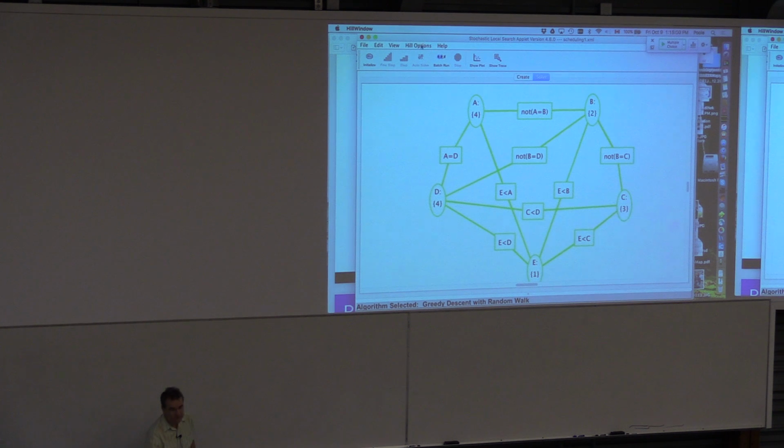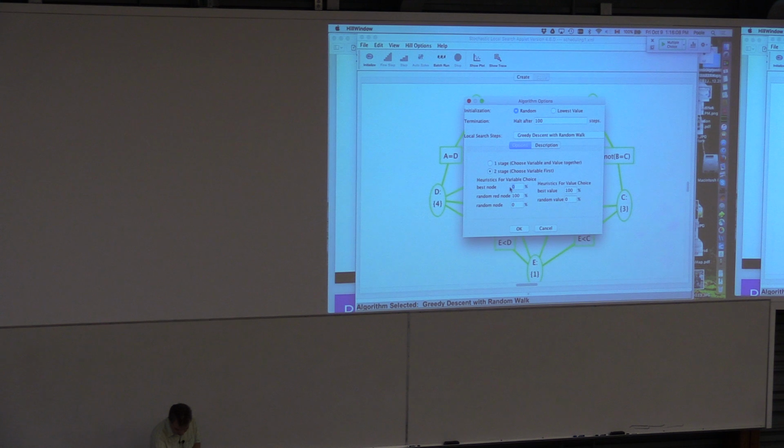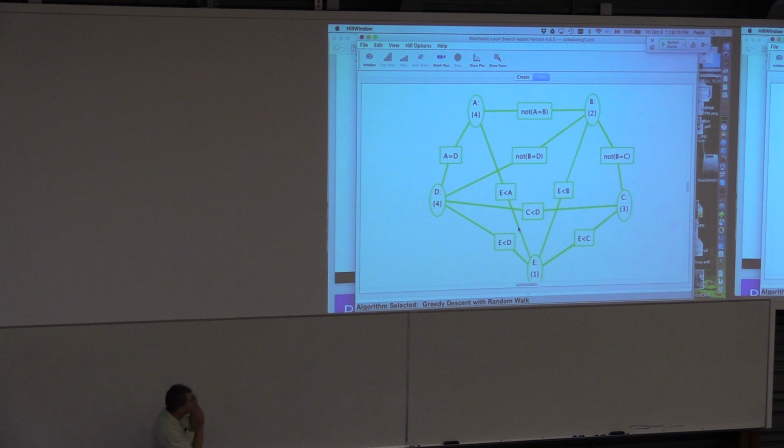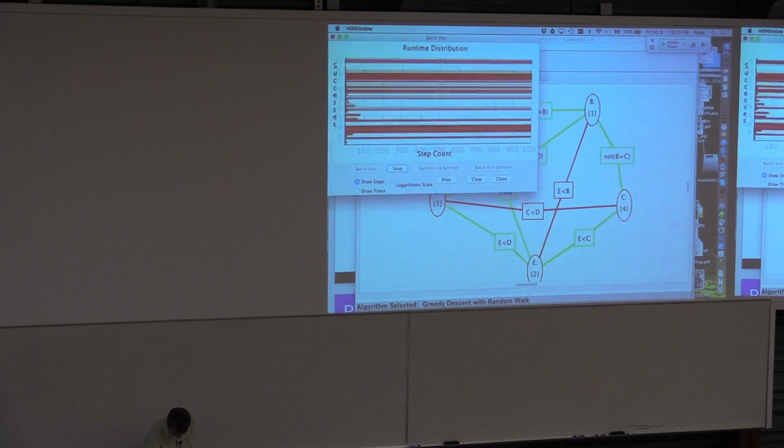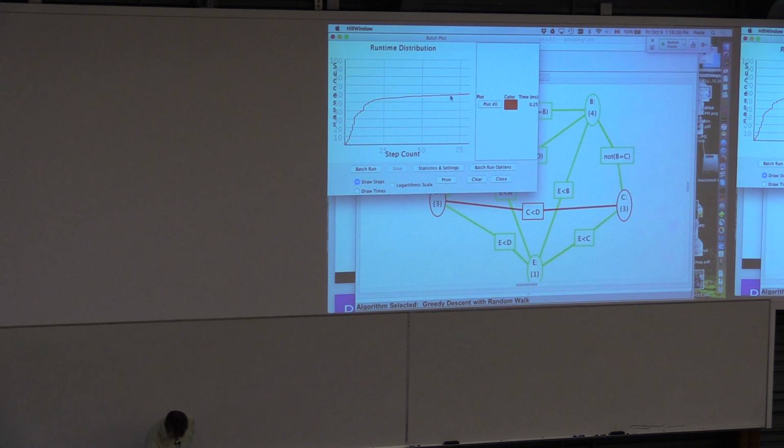So let's go back to here. Now we're going to choose this. This is now the greedy descent. And what we're going to do is do this batch run, and terminate after 1,000 steps. And we're going to do this funny graph.